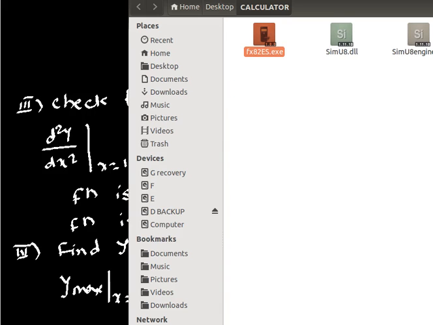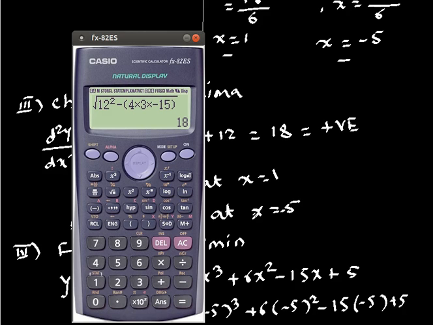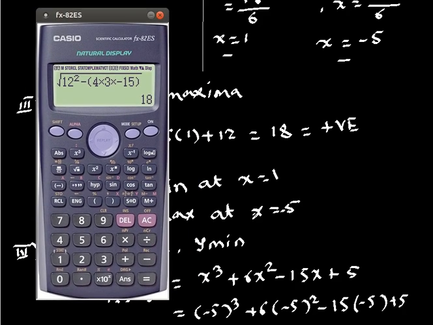Let us find it in the calculator. Into bracket minus 5 cube plus 6 into bracket minus 5 square minus 15 into bracket minus 5 and plus 5.